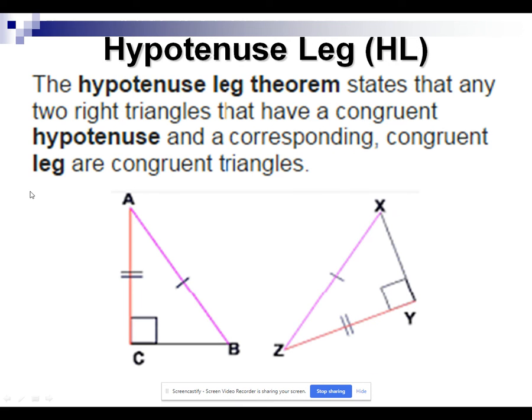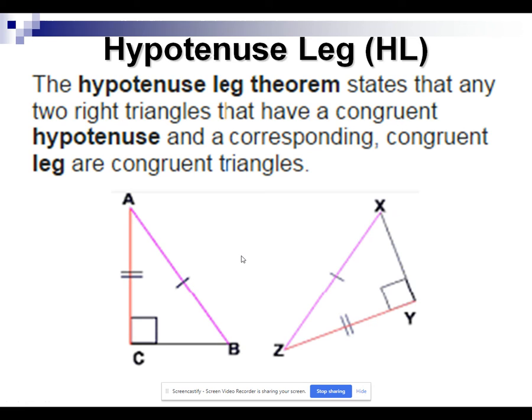All right. And then our last one on the yes side is hypotenuse leg. So just put HL on the yes side. What that means, we won't get this very much, but what that means is if you have two right triangles and they have the 90-degree angles shown, if their hypotenuse and one of the legs are matching, then it's on the yes side.